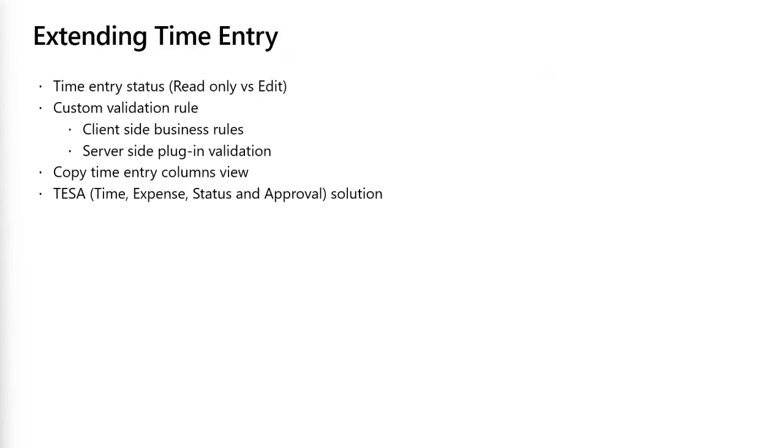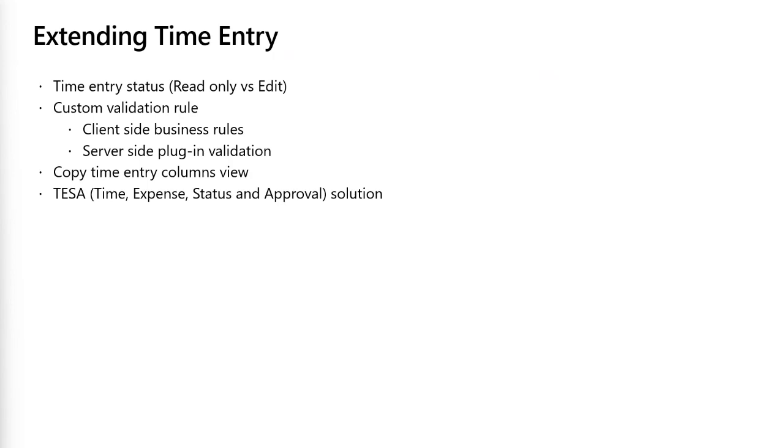If you plan on extending time entries, there are a couple of things that you need to be aware of. You want those fields to be editable or non-editable, depending upon the state. Also, in terms of validation rules, whether you want that specific rule to be specific to the timesheet, or applicable across different timesheets.